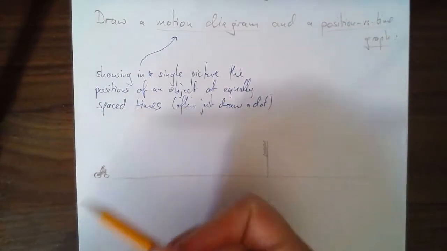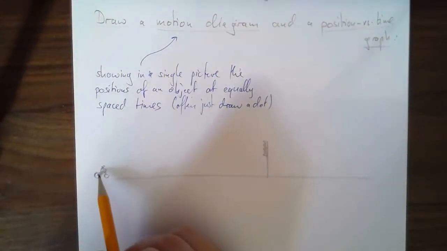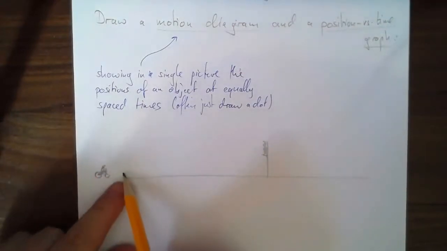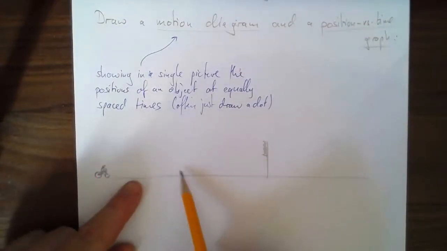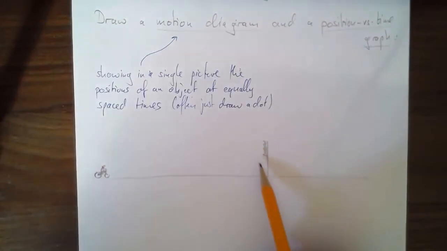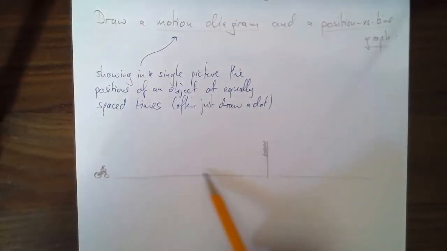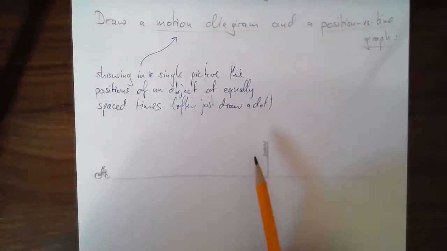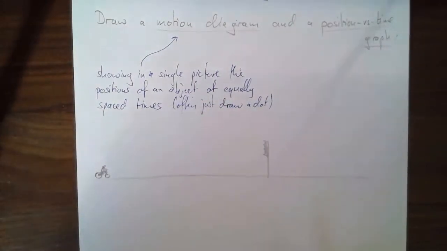Now, if you imagine I take a movie of this and put all those pictures on top of each other, I'd see the bike here, then a second later here, a second later here, and so on. But when the bike is slowing down, those individual images would be closer together, because what's crucial is that they're at equally spaced times.